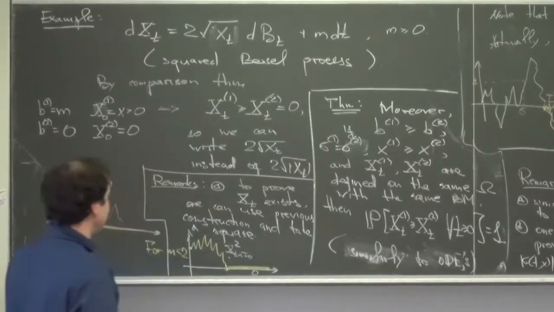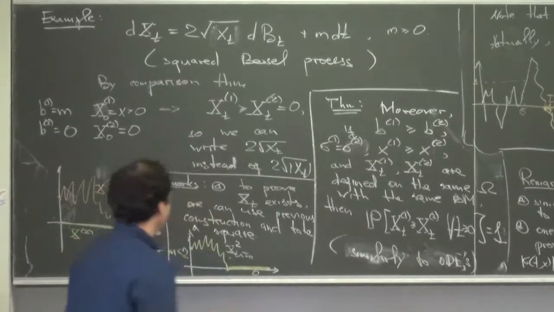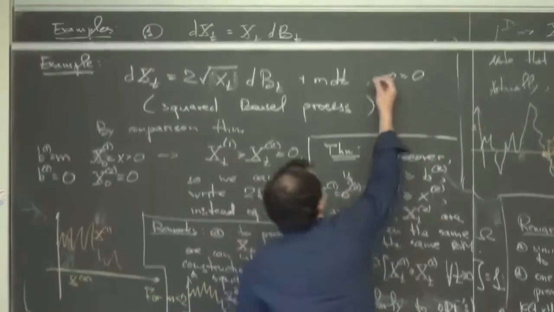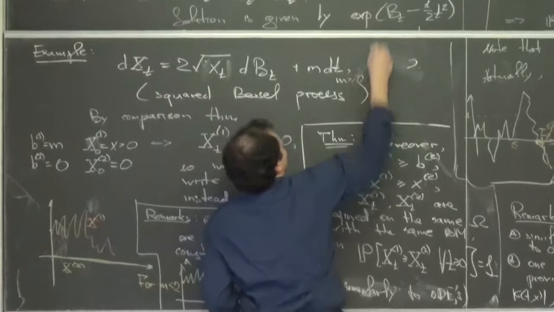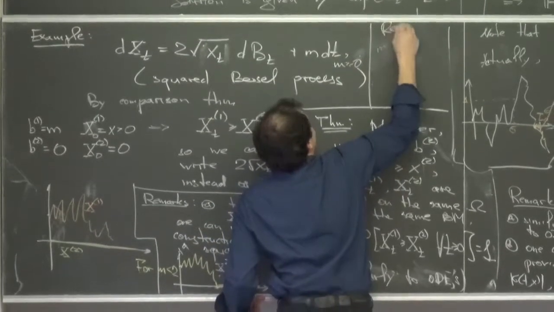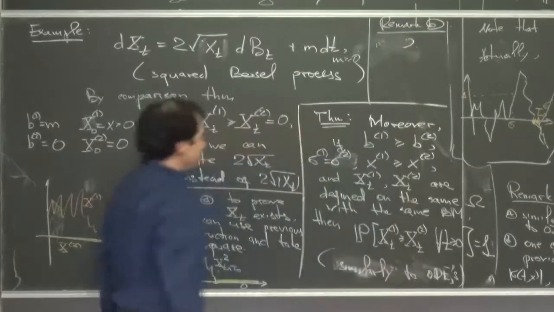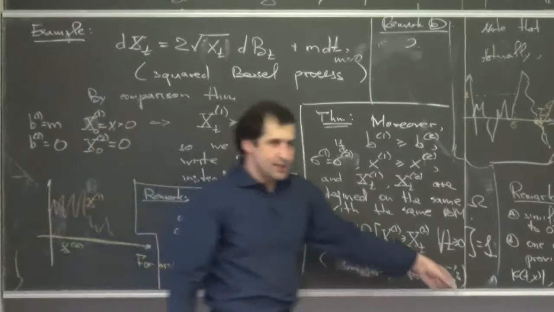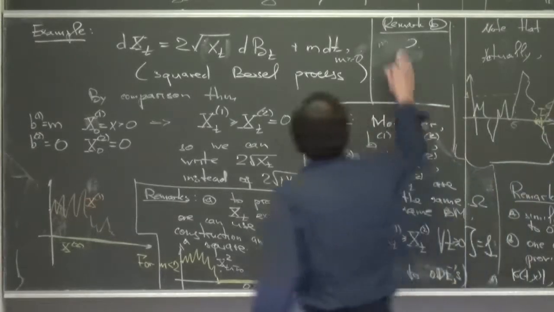Remark B, I have no place on the blackboard to write it, so let me try to make it here. Anyway, it's erased after the break. Thinking about ODEs, one might expect, even two remarks.